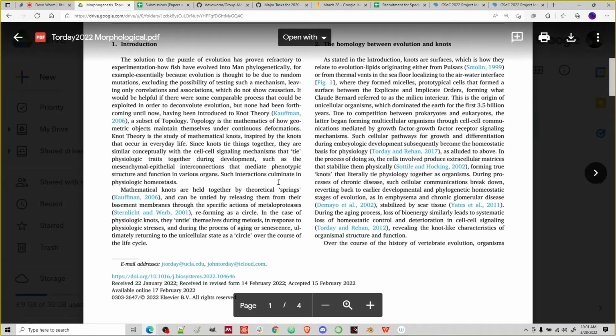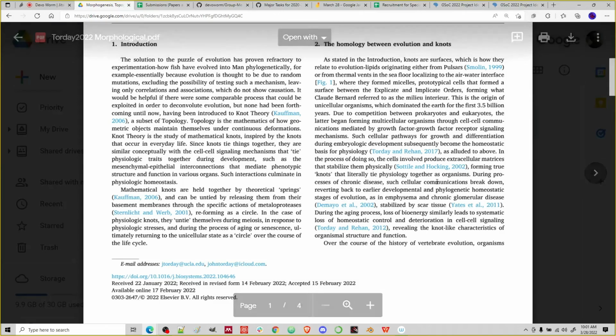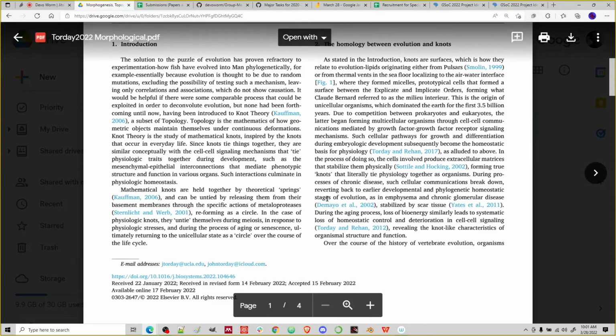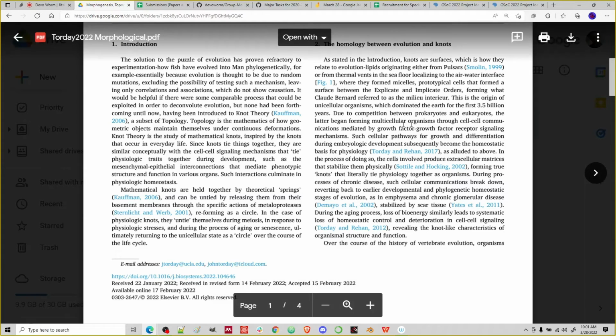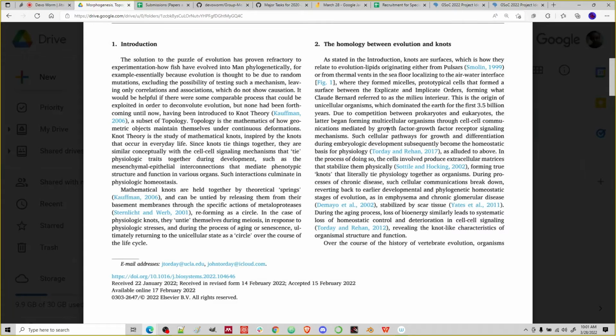So during the process of chronic disease, such cellular communications break down, reverting back to earlier developmental and phylogenetic homeostatic stages of evolution. Basically, you get this homeostatic process that emerges through a lot of cell-cell communication signaling. You get growth factor exchange between cells, between tissues, and this sets up the relationship for homeostasis.